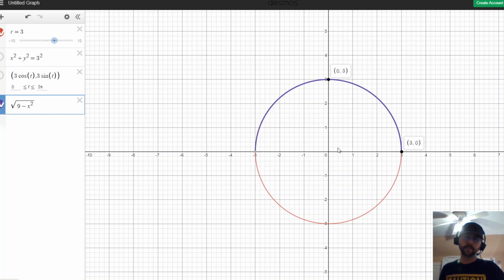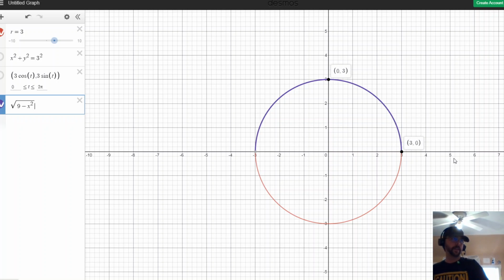The way we're going to set it up is area equals the integral from our lowest x value, which is 0, to our highest x value, which is 3, of square root of 9 minus x squared dx.